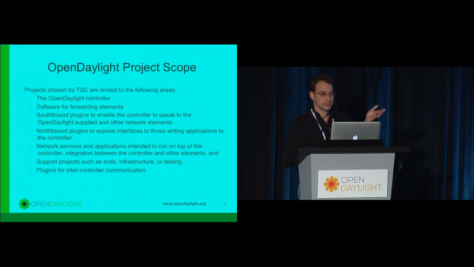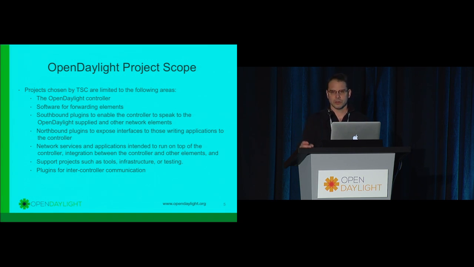OVS is a good example. OpenFlow is another example. And southbound plugins to enable a controller to speak to different network element types using different protocols. So things like NETCONF, OVSDB, PCE, for example, things like that.